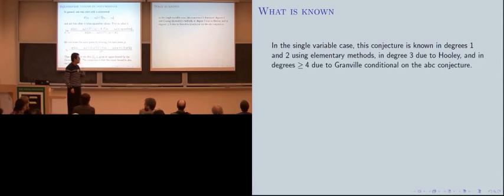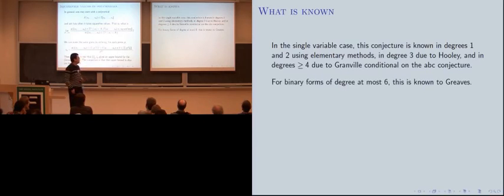Okay, and that's how much we know, unless, well, it depends on what you believe. If the ABC conjecture was proved, then a result of Granville using earlier works of Elkies would imply that in the single variable case, it's known for any arbitrary degree.